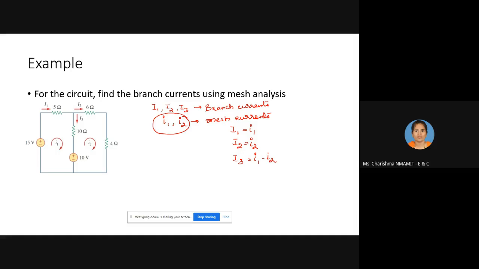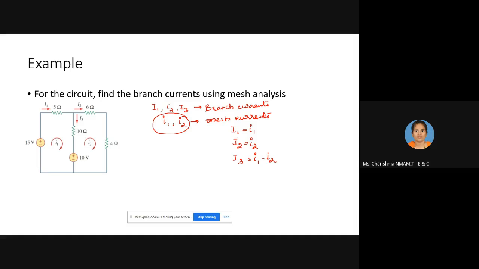If you have any doubts, make it clear. Because mesh analysis and node analysis are basic concepts, you should be very thorough with them. Now let us write the KVL equation.